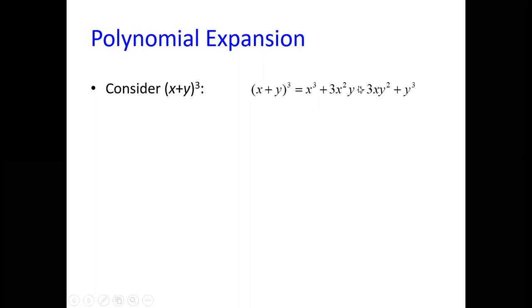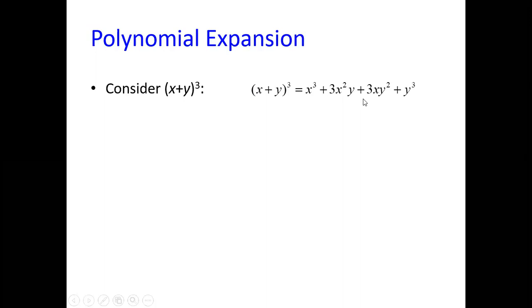Here, 2 plus 1, 3. 1 plus 2, 3. y cubed, x to the 0, 3. So when we expand any such expression, the sum of the two powers of x and y must always equal 3.